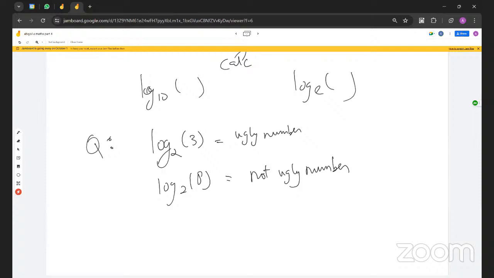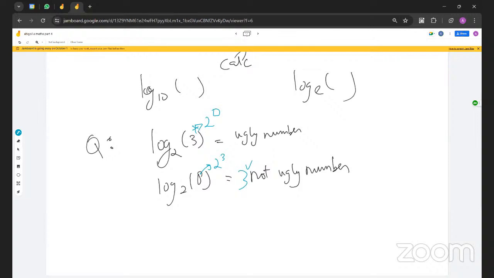How do I know? Well, you can't make 3 from base 2. Precisely, in base 2, you cannot. But 8 is a power of base 2. So this is correct.